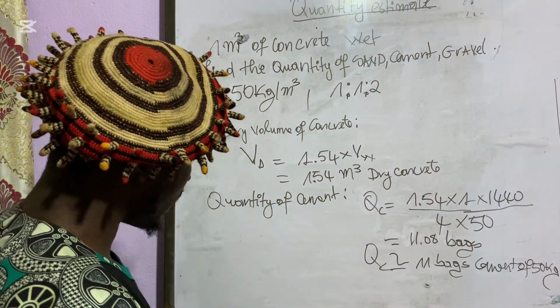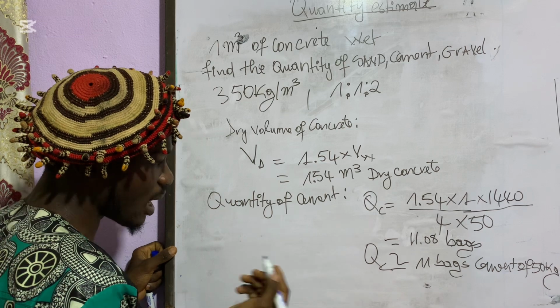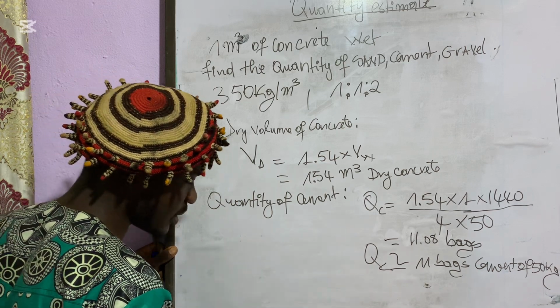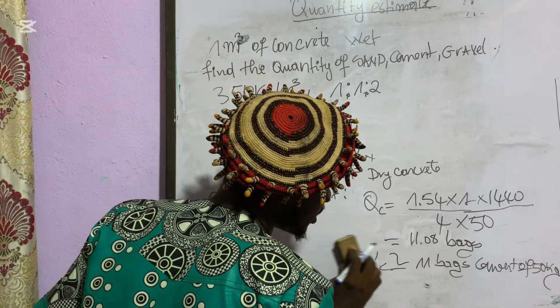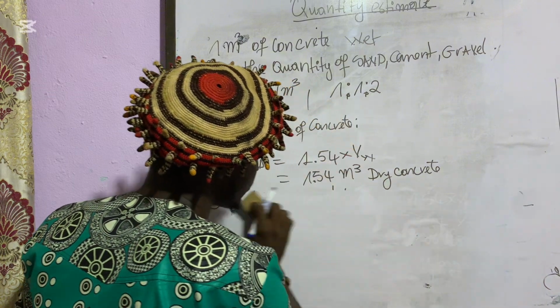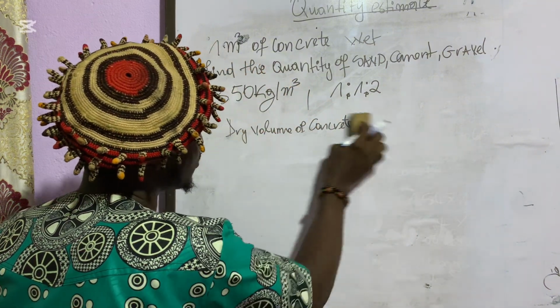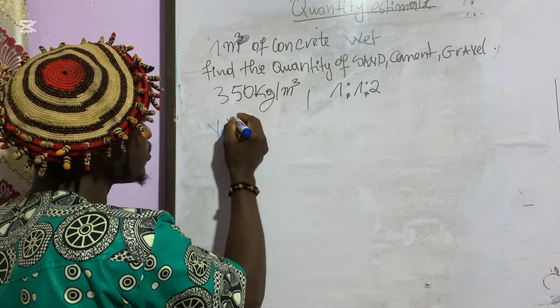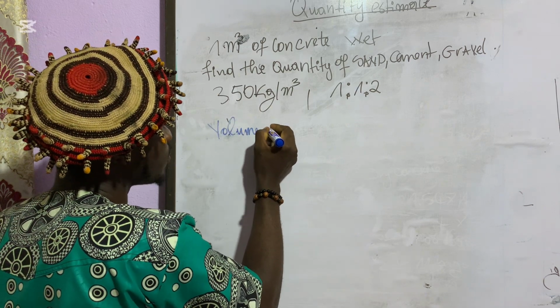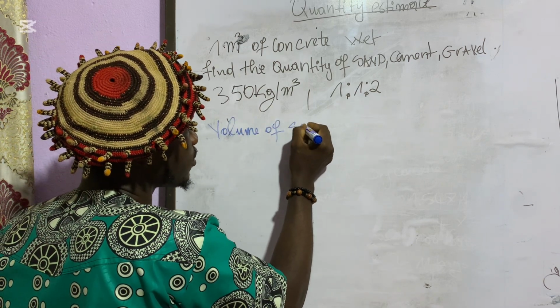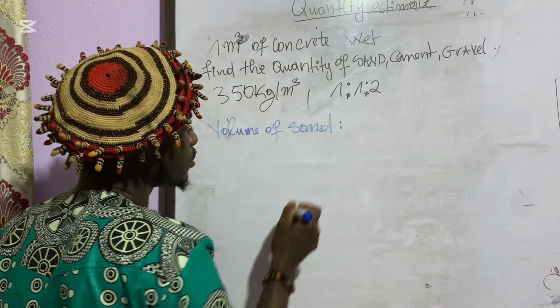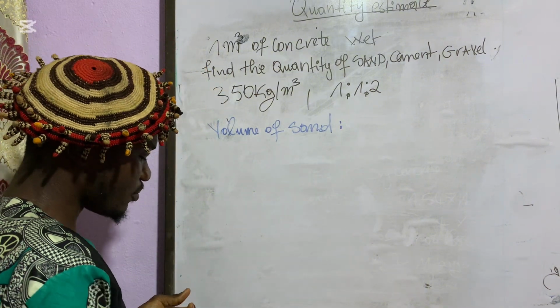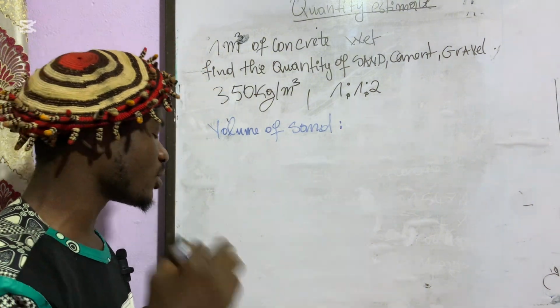Okay, so now for the quantity, let's find the volume of this thing. Let me just erase here. The board is small. So now let's find the volume of sand. The volume of sand will be equal to what?